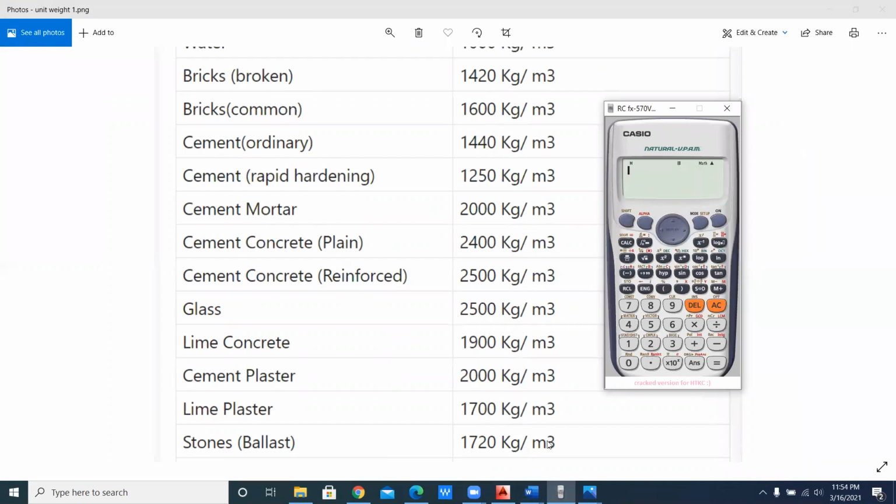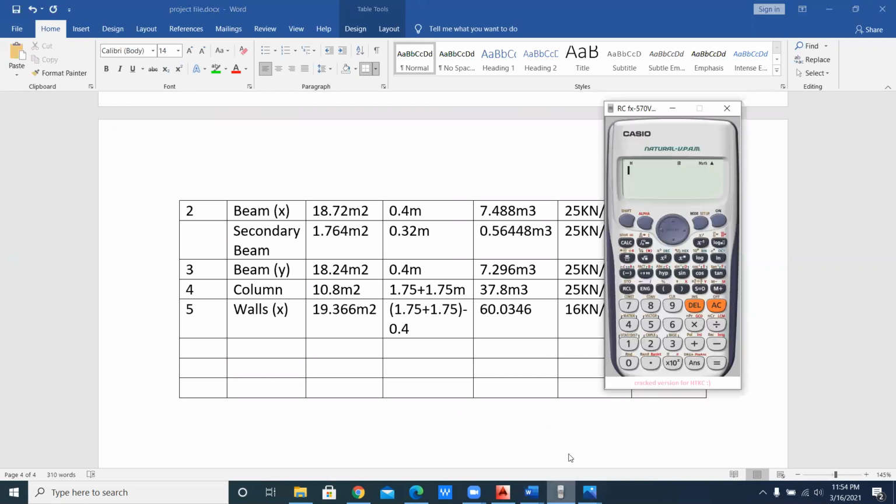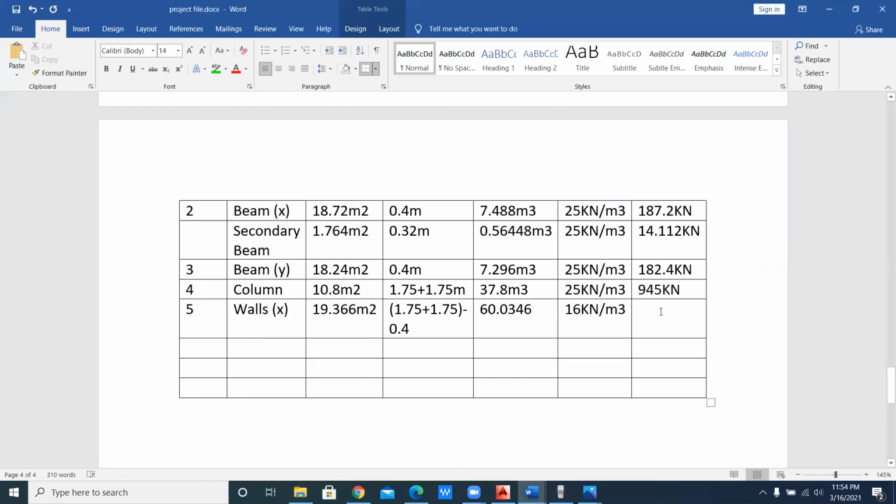That normally gives us 16, so I write here 16 kilonewton per meter cube. So how much you get this? That is 60.0346, multiply with 16. You get 960.5536. Okay, that is 960 kilonewton all.